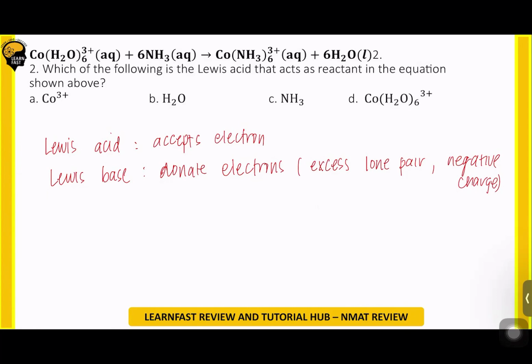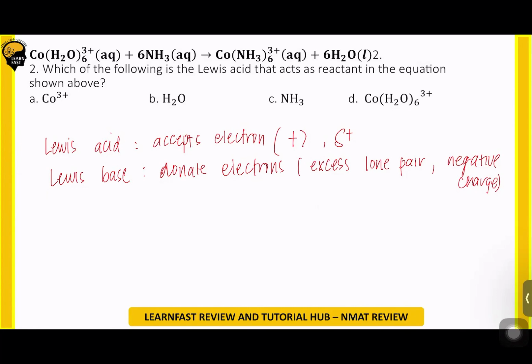They lack electrons, and in some cases this is more obvious if the species is positively charged. So we could say they're either positively charged or partially positively charged. In this case, we have two options which are positively charged: the actual ion, cobalt 3 plus, and the hexaamine cobalt.